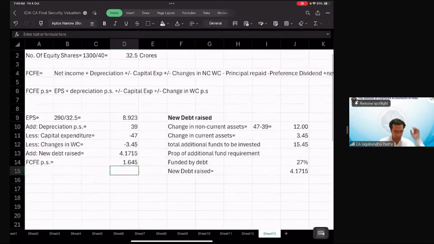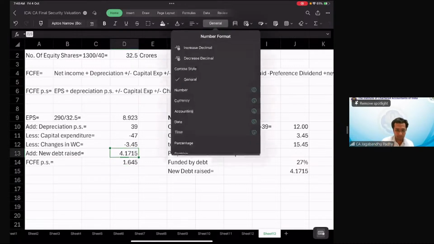Is it this new debt raised? Yeah, 39. There is some problem, I suppose.